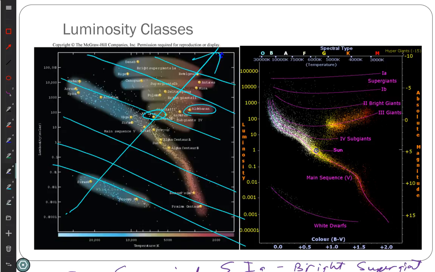So if we specify the sun, we can specify it completely by giving it its spectral type and its luminosity class. Spectral type, G2. Luminosity class, 5. So nobody wants to say G25, so we say G2V. And that tells us, the G2 tells us the temperature, and the V tells us, Roman numeral 5, that it is a main sequence star.